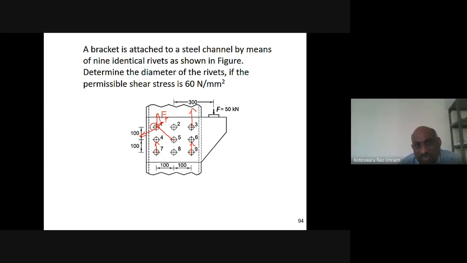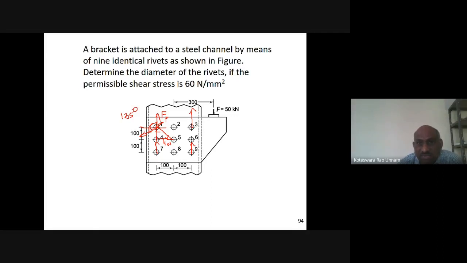Here this angle is 45 degrees because this is 100 as given, and this is also 100. If I apply the tan theta formula, 100 by 100 is 1, so tan theta is equal to 1 means theta is 45 degrees. If I take the real line, this total angle is 135 degrees. So I know the theta 1 value.